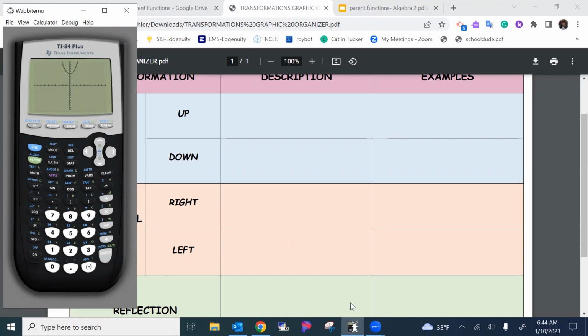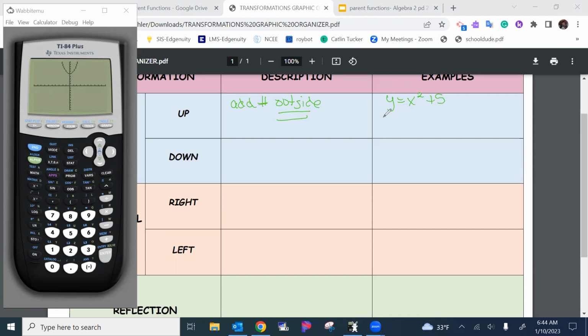Since it did that, we can say that to move something up, we need to add a number to the outside. This outside part I'll explain as we go through. An example would be y equals x squared plus 5.